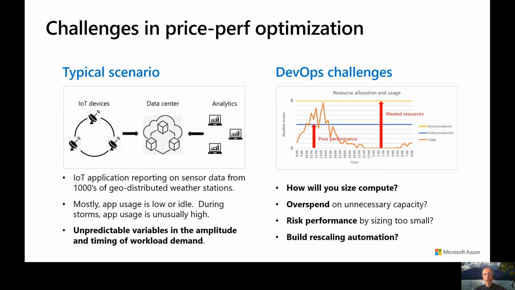But then, of course, during peak periods, the application won't have enough resources and can suffer from poor performance. And then finally, if the application is already in the cloud, you can take advantage of cloud elasticity and rescale that database. But the rescaling, especially if it's a homegrown solution, can add to development costs as well as operational complexity.